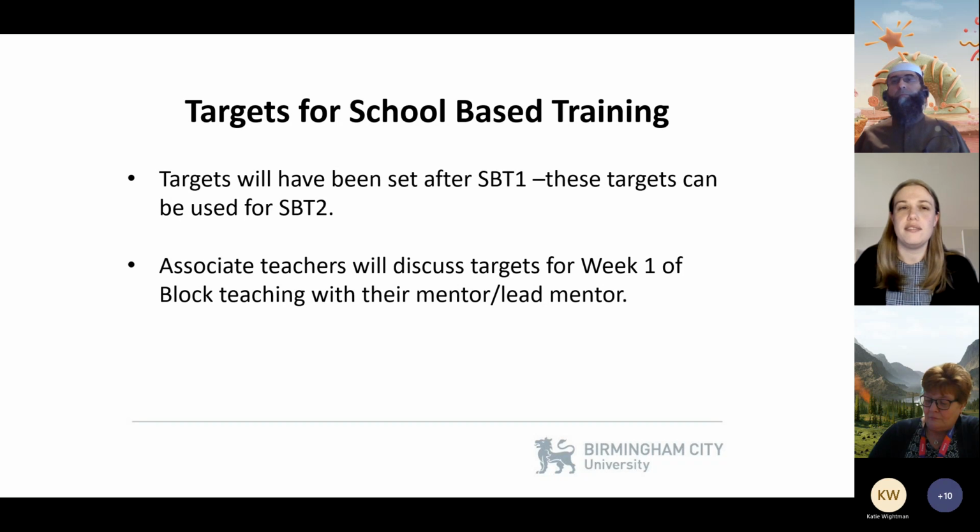So we will be looking for really specific targets that they can really focus in on during that first week of their teaching, and then those will be reviewed during weekly discussions, and new targets will be set for the following week. So the rationale is that this is providing those associate teachers with really specific things that they need to focus on, the real detail on what they need to be developing in order to make the expected progress.